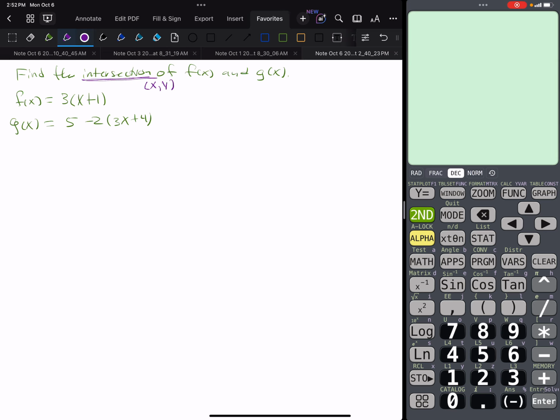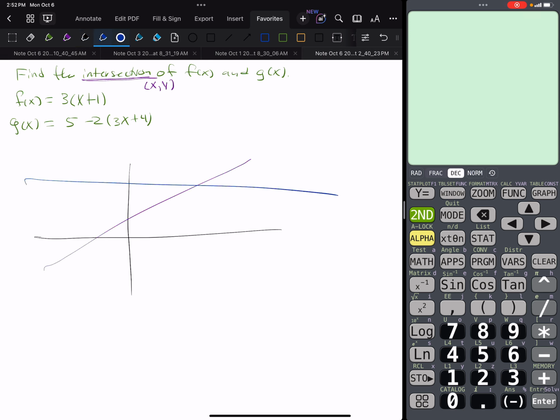All right. Well, if I'm looking for the intersection between two lines, let's just draw two random lines here. So if I draw one line here and I draw another line here, the thing about the intersection that is true is it's the point that is true for both equations.